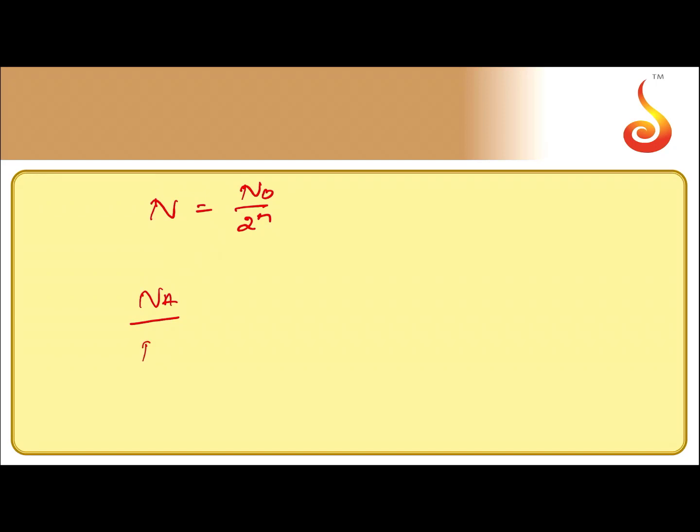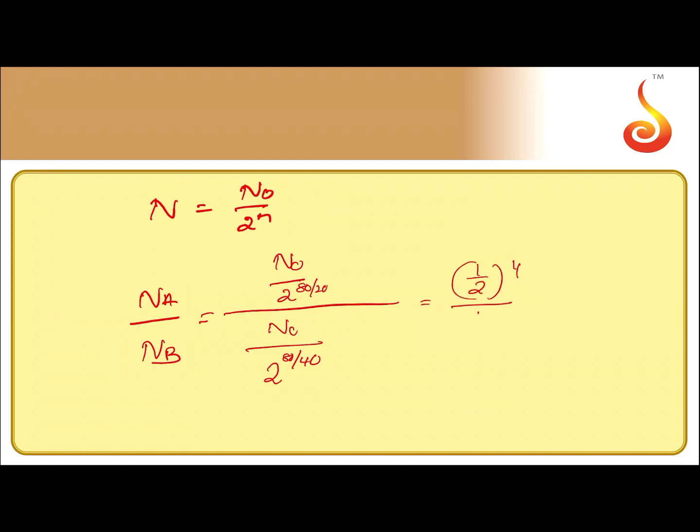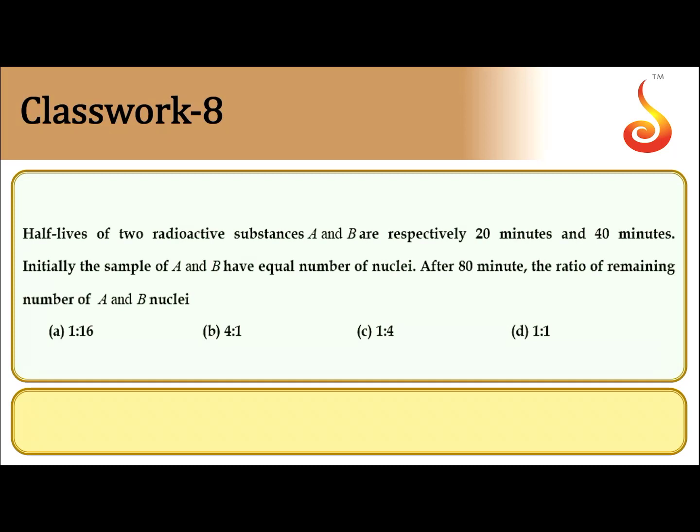Therefore, NA divided by NB is equal to N naught divided by 2 to the power of 80 divided by 20, whole divided by N naught divided by 2 to the power of 80 divided by 40. That gives you 1 by 2 to the power of 4 divided by 1 by 2 to the power of 2, which is nothing but 1 divided by 4. So the answer is 1 divided by 4. The ratio of remaining number of nuclei of A and B is 1:4. C is the correct choice.